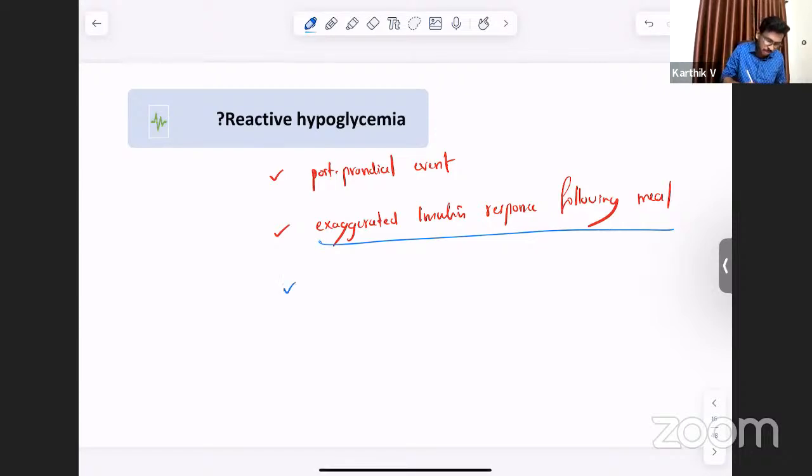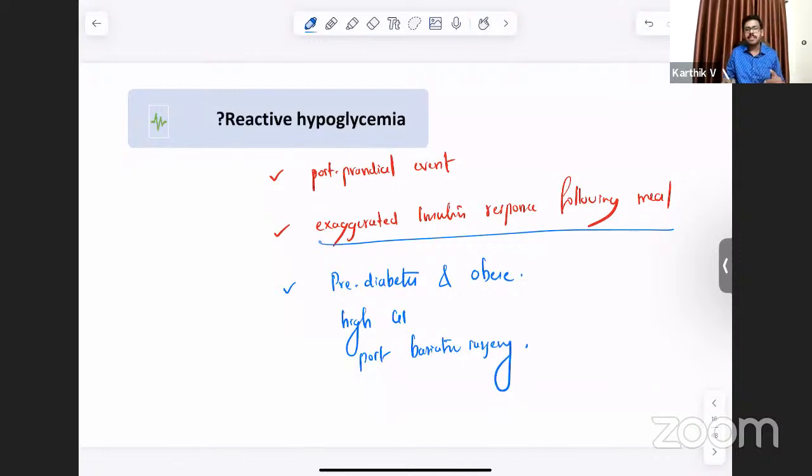One, in patients with pre-diabetes and obese patients, and those patients taking high glycemic index foods. Then post-bariatric surgery patients. So why do the pre-diabetic obese patients and high glycemic index intake patients develop this reactive hypoglycemia?